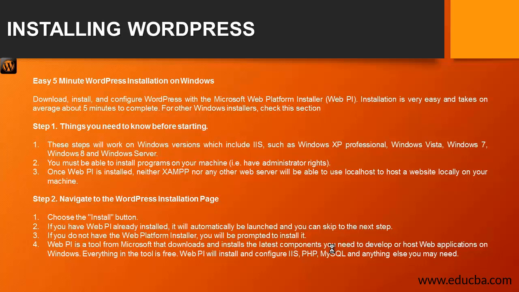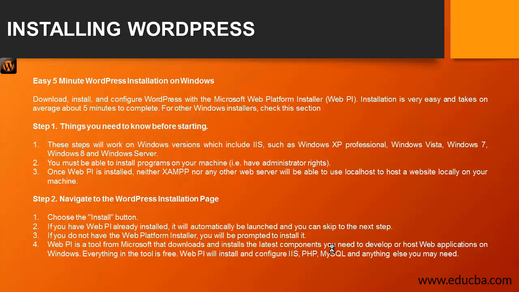You might be able to install programs on your machine, that is if you have administrator rights. So basically you require administrator rights to do all the things listed over here, and once WebPI is installed, neither XAMPP nor other web servers will be able to use localhost to host a website locally on your machine.